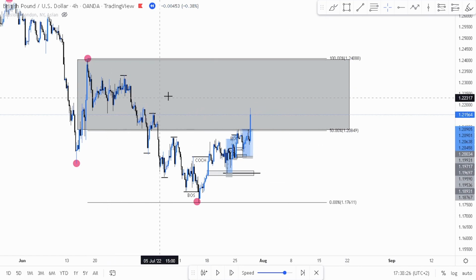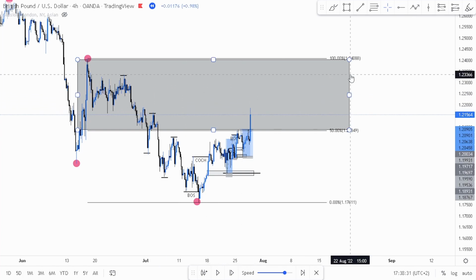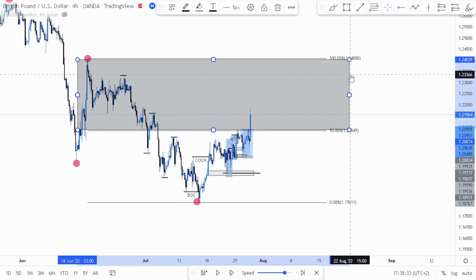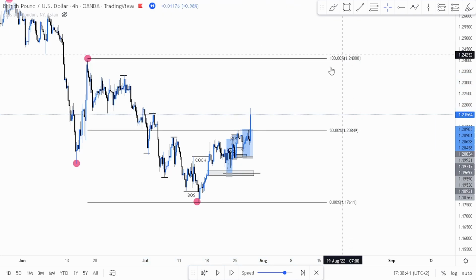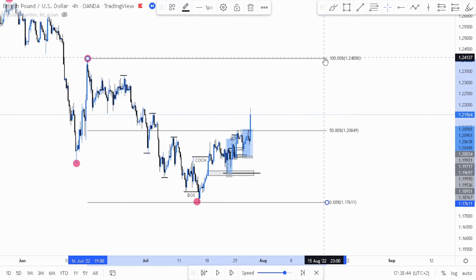So once we are above the 50%, we start looking for order blocks and levels of supply. So as you can see, I've marked out the zone whereby we'll be looking for our levels of supply. So let me just quickly remove this.